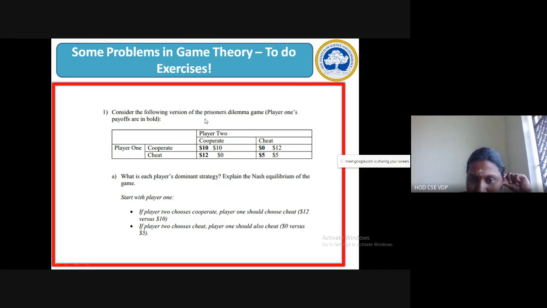And when it comes to player 2, it's again 10 and 0, 12 and 5 you have to compare. That's the usual method we follow. Why should they specifically give it? That is my question. Anyway, you need not consider that part. Just ignore it and answer for each player's dominant strategy.